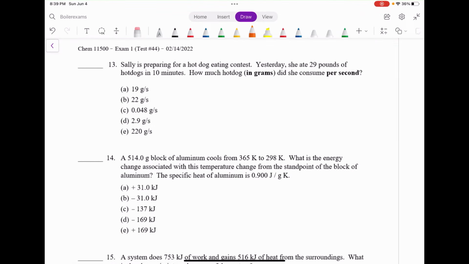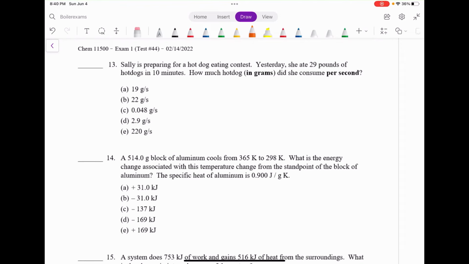Sally is preparing for a hot dog eating contest. Yesterday, she ate 29 pounds of hot dogs in 10 minutes. How much hot dog in grams did she consume per second? Great chemistry question here. This one is just straight up, do you know how to deal with units? So they want grams per second.